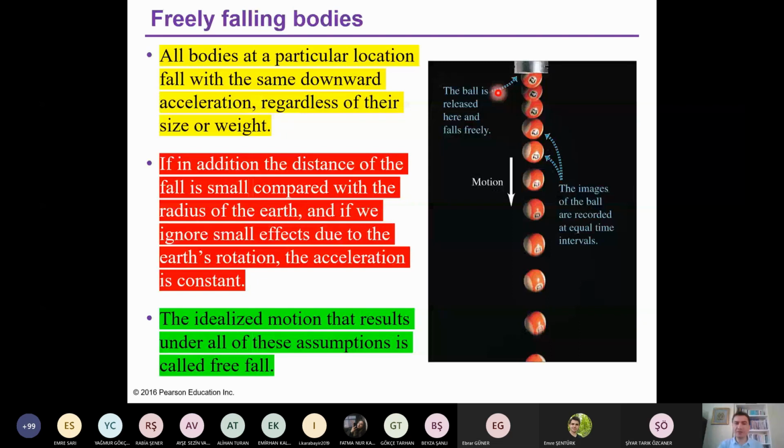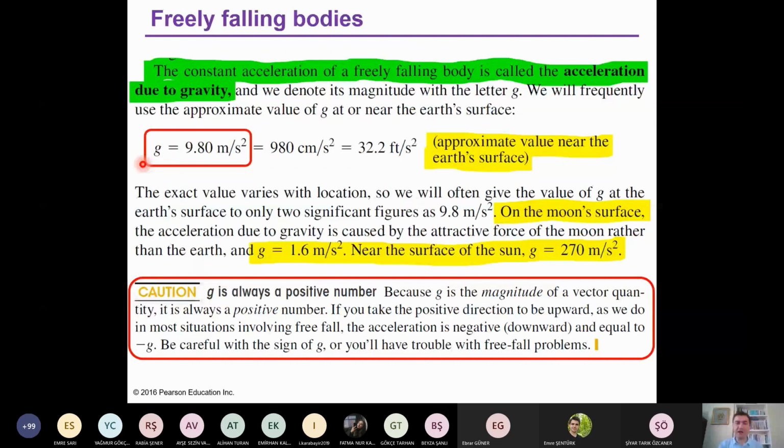Now, let me give you some information about g. This is the magnitude of the acceleration due to gravity. If you are talking about acceleration, it must be a vector, right? Indeed, g is also a vector, but here I show you the magnitude of this vector. And in your calculations, you have to be very careful with the direction of g. I have one example for this situation.